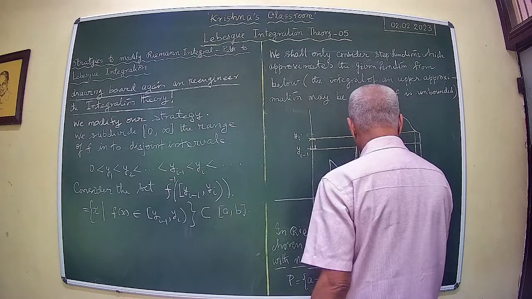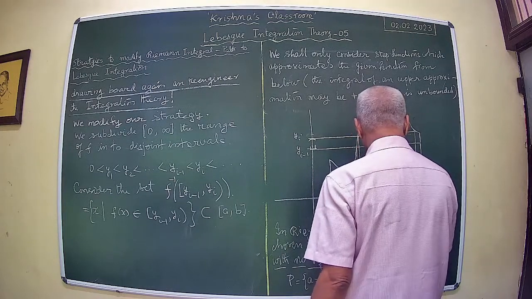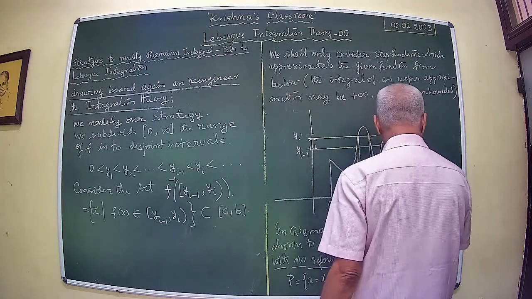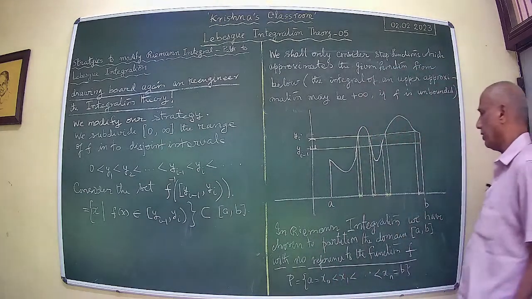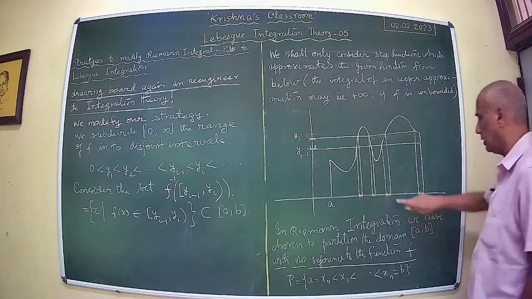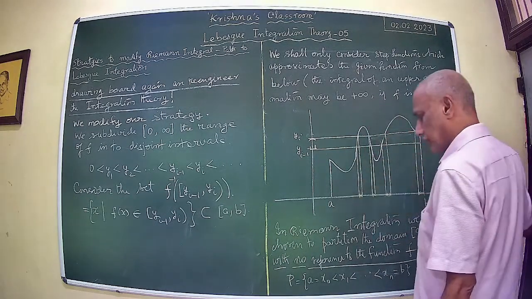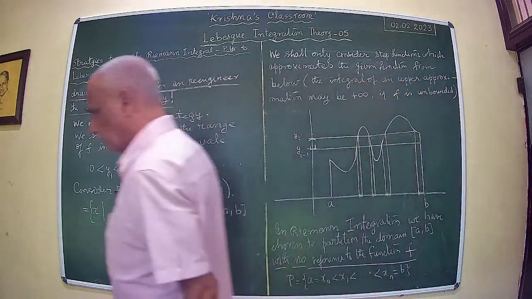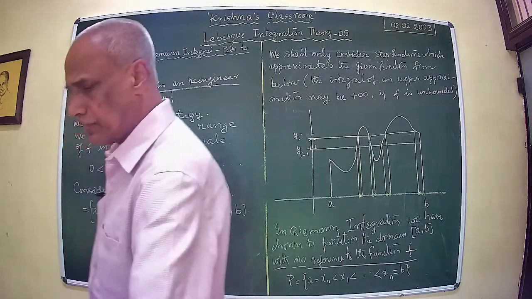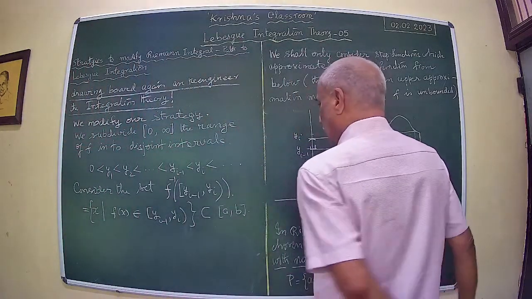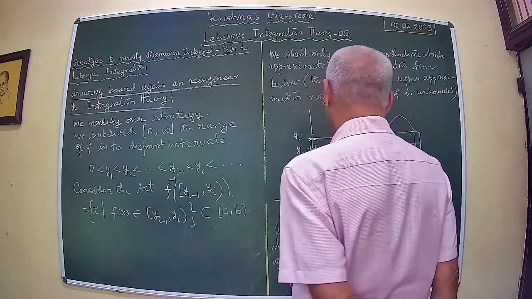This is the portion that we end up with. According to the figure I have drawn, if it is far more oscillatory, then you will get more intervals coming into it. Okay.